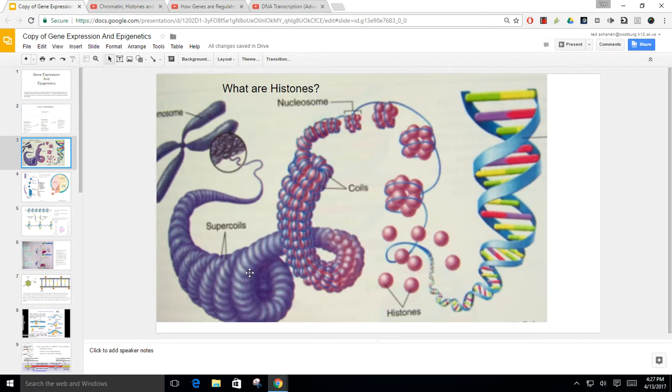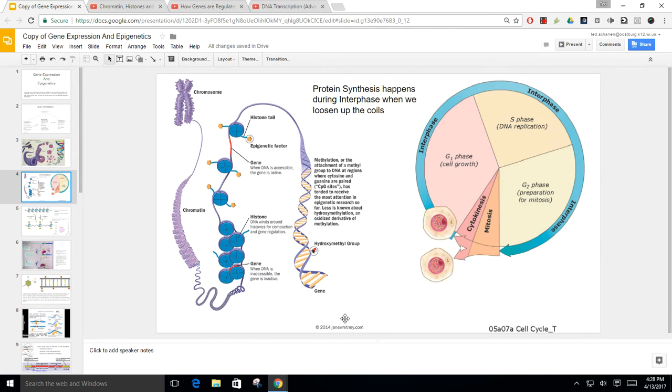But part of this, we got to begin with understanding again the structure of DNA. So we have the code, right? But the code is bundled around these histones, and histones are the proteins that help DNA coil things up. Before we can even begin thinking about translating a gene, we have to make the gene accessible.